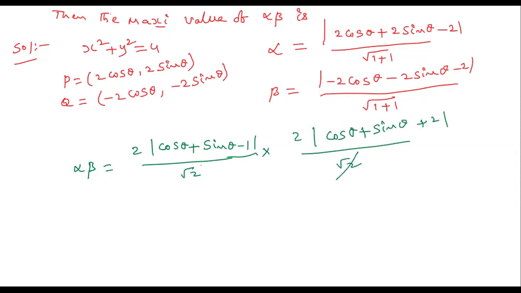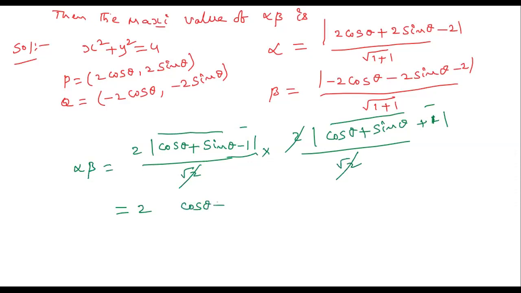Root 2, root 2, 2 is going to cancel. Remaining 2 into, this is in the form of a minus b and a plus b. A minus b into a plus b. Here b is 1. So what we get? A square minus b square.